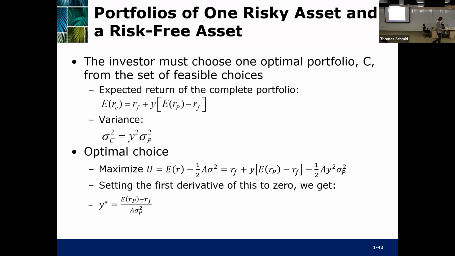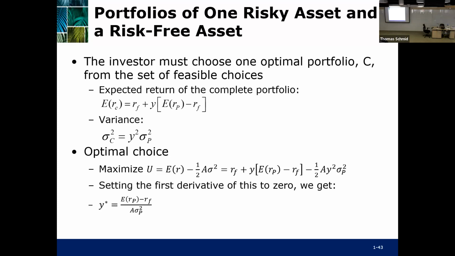How much we invest in the risky portfolio. And this is the function. So how do we maximize that? Very simple. We find the first derivative with respect to y and set this to 0, and this will give us the maximum of the function. And this y will be the y that maximizes utility for the investor.